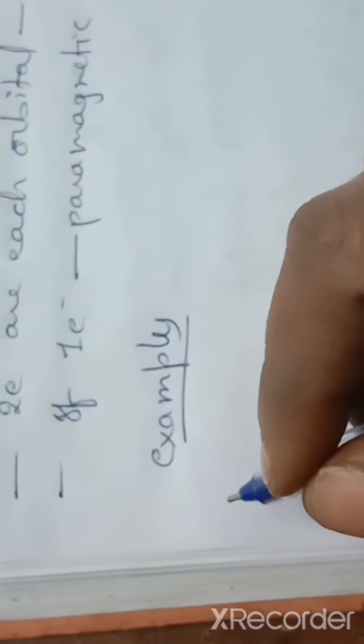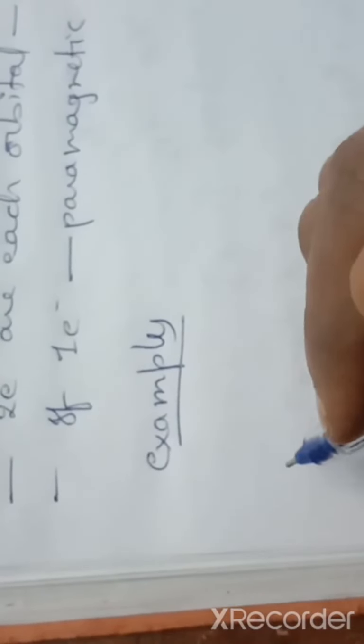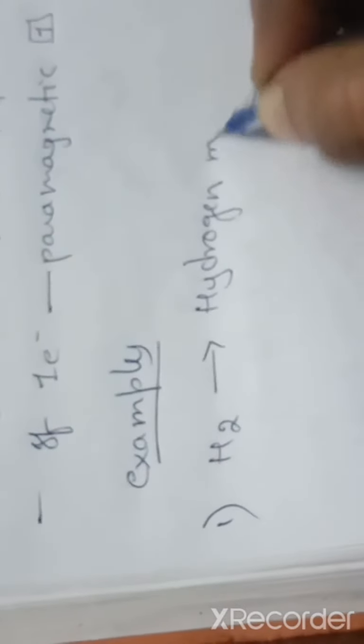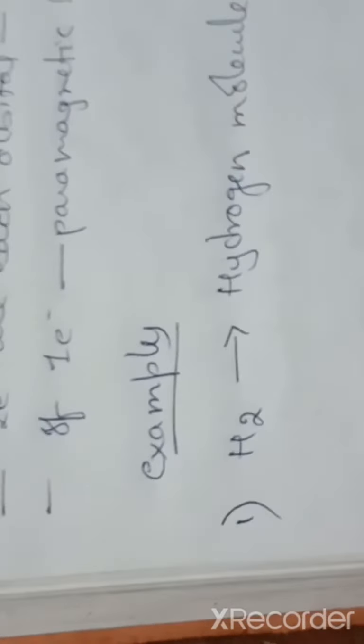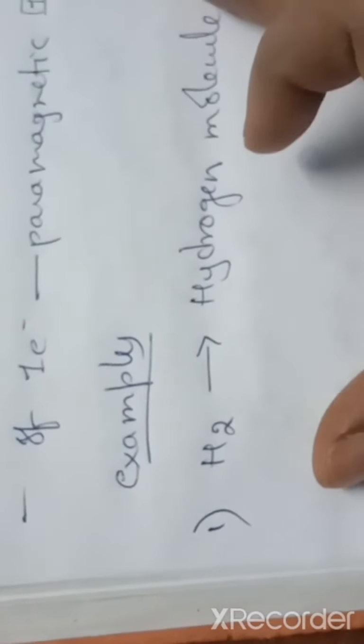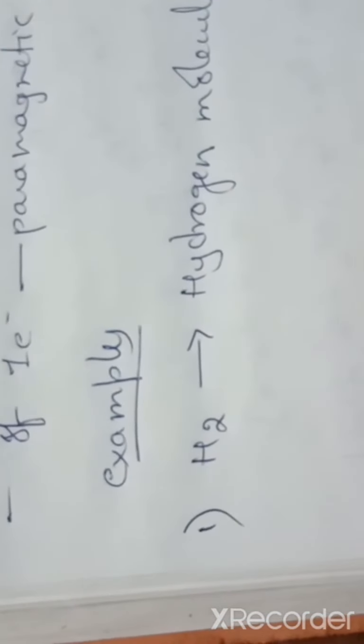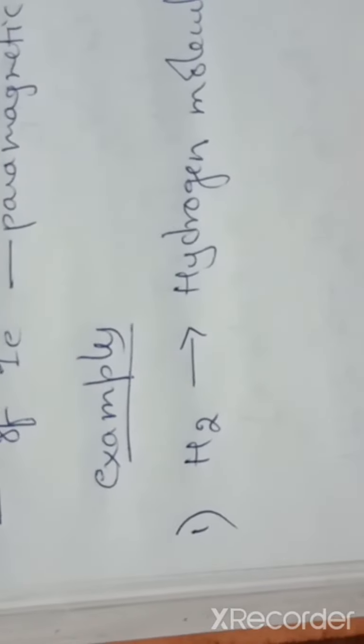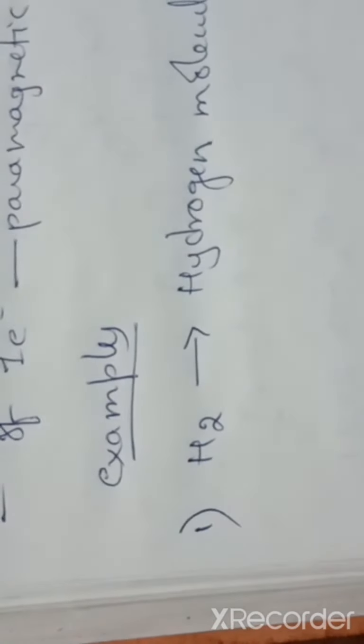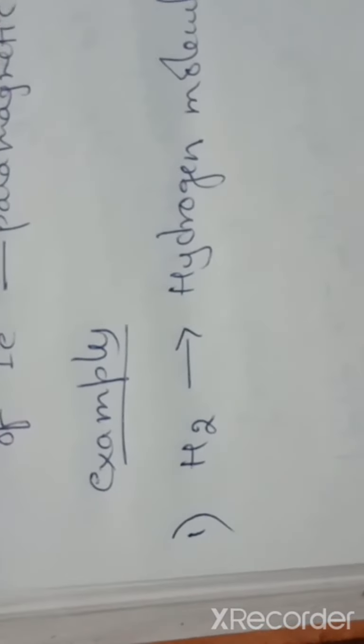So, first examples. First I am going to take bonding in some homonuclear diatomic molecules. The first one is H2, the hydrogen molecule. We already discussed this one. How is the hydrogen molecule formed? It is formed by the combination of two hydrogen atoms. Each hydrogen atom has only one electron, in the 1s orbital.